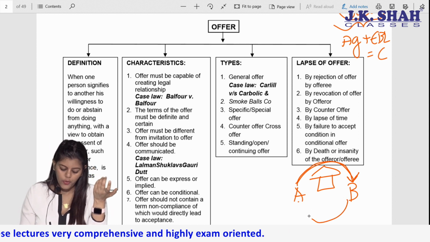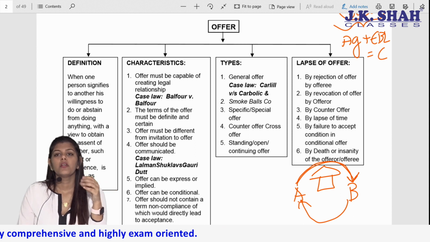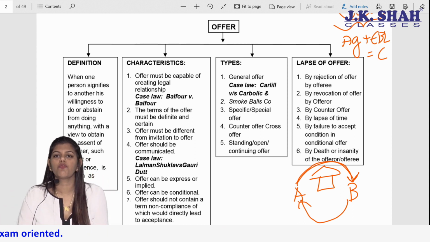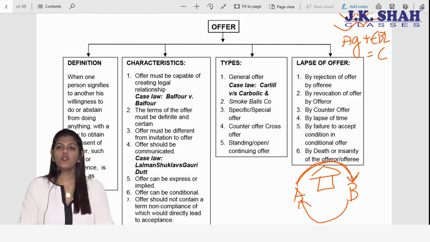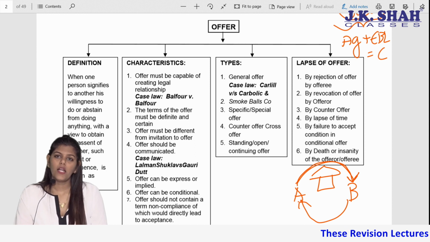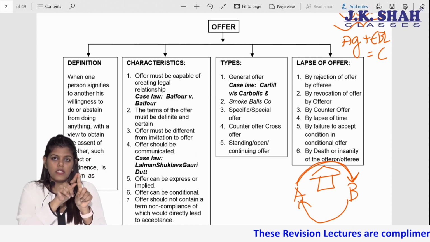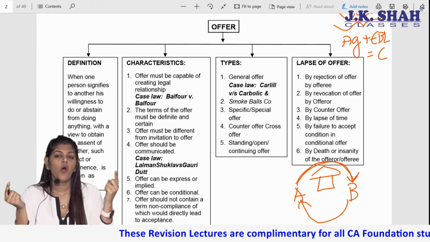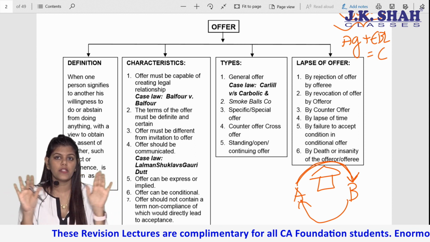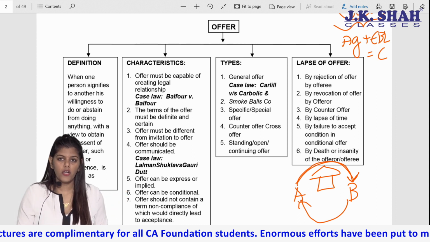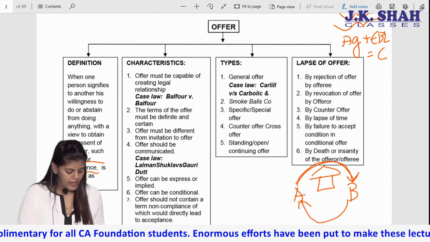So in order to get an assent, such an act or abstinence, abstinence is the noun form of abstain, is known as offer. One last time, when a person signifies to another person his willingness to do something or abstain from doing something in order to get an assent, such an act or abstinence is known as offer.